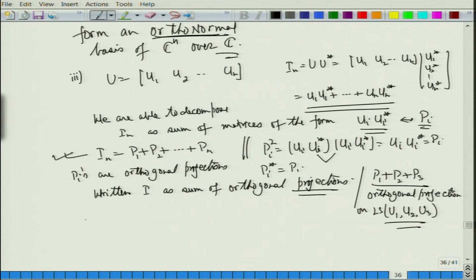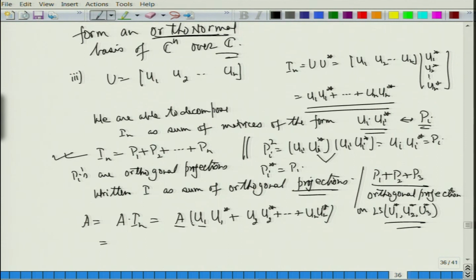If I look at A, it is nothing but A times In, which is the same as A of U1 U1 star plus U2 U2 star plus Un Un star. I should have written a star here because this is what we are looking at. So this is equal to A times U1, which is lambda U1. What is A U1? It is an eigenvalue. So I wrote it as D1, D2, I think.